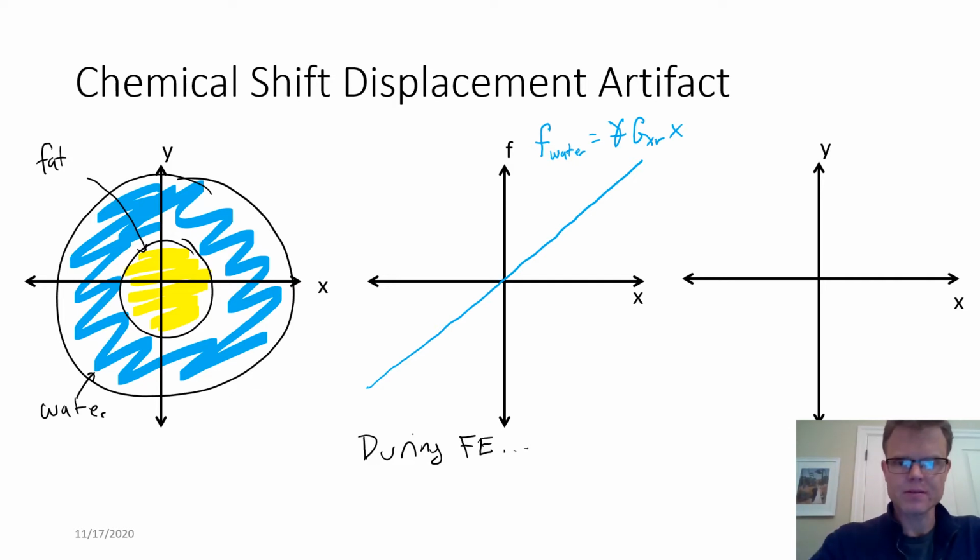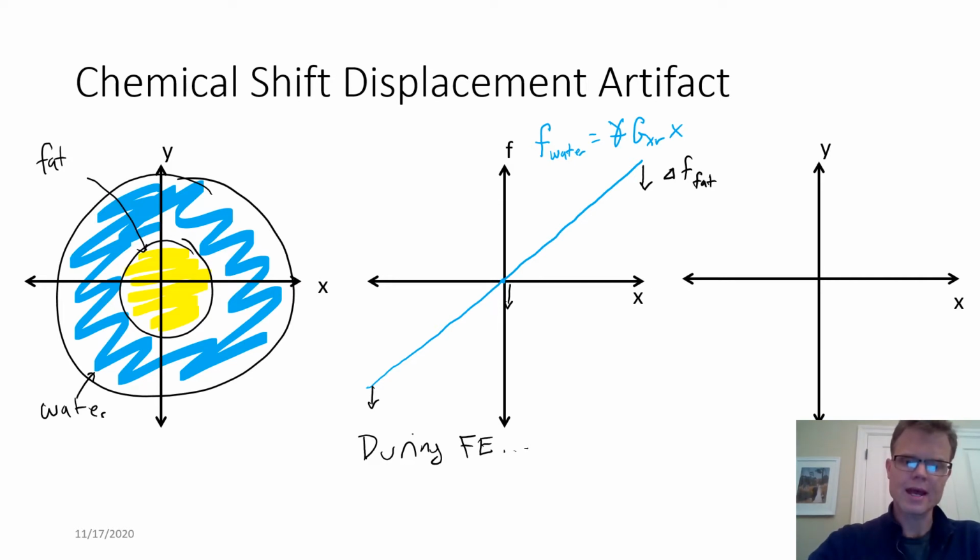And this says our frequency here for water is 0. But what happens for fat? Fat has an overall frequency difference, which we'll call delta F fat. It just has a fundamental shift in the resonance frequency compared to water.